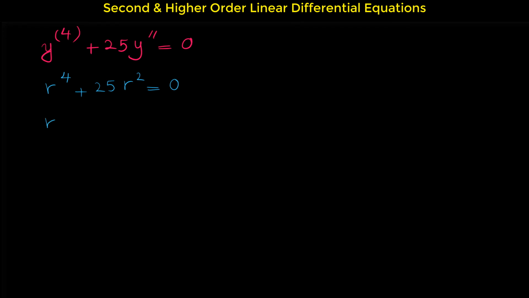For solving this equation, we can simply factor r squared, and then we have this. We have to set this and this separately equal to 0. From the first one, r squared is 0, and from the second one, r squared plus 25 equals 0.